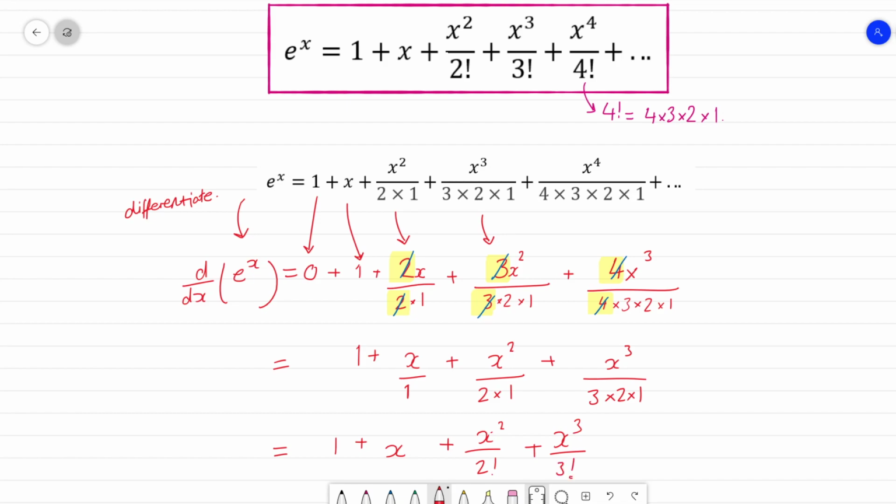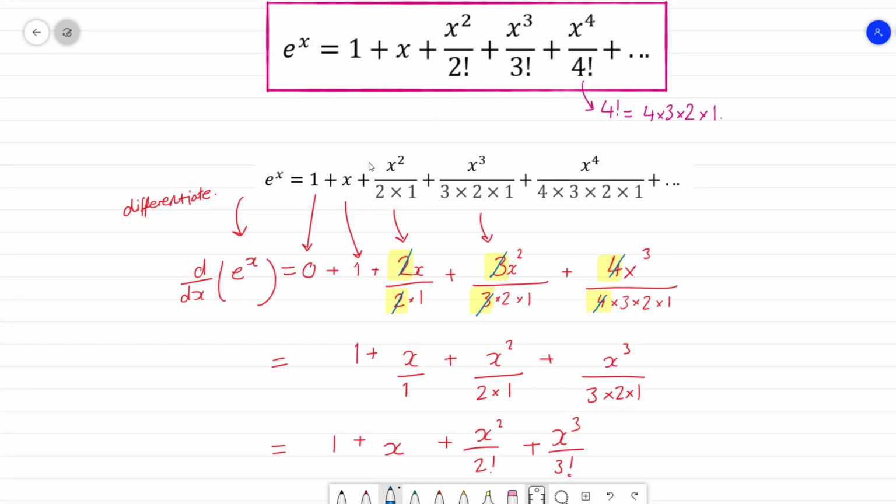So when we differentiate e to the x, we end up with a very familiar expression. The x squared over 2 factorial term differentiated to x. The x cubed over 3 factorial term eventually differentiated to x squared over 2 factorial.